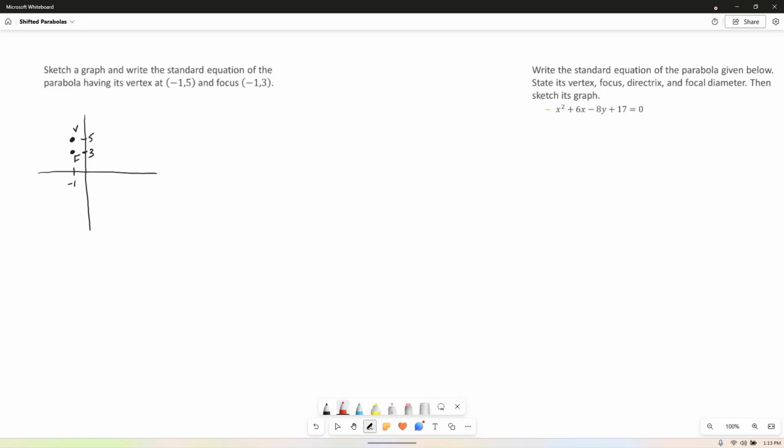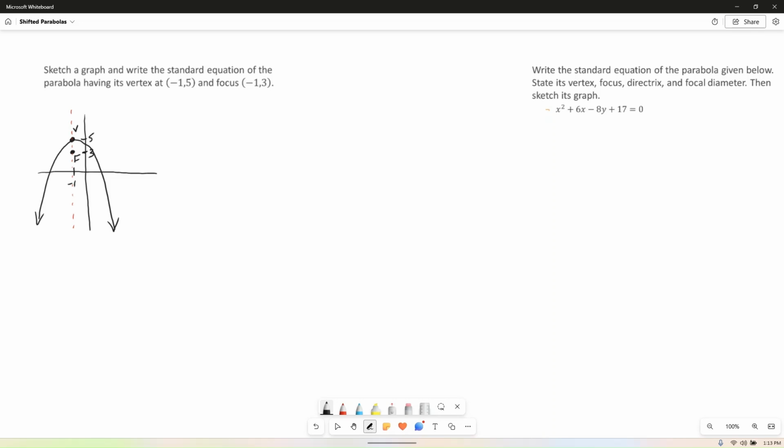So if I drew a vertical line passing through both the vertex and the focus, that has to be the axis of symmetry. Okay, so we have a vertical parabola. And since it has to go through the vertex and around the focus, this parabola is going to have to open down. Okay, so we have a vertical parabola opening down.